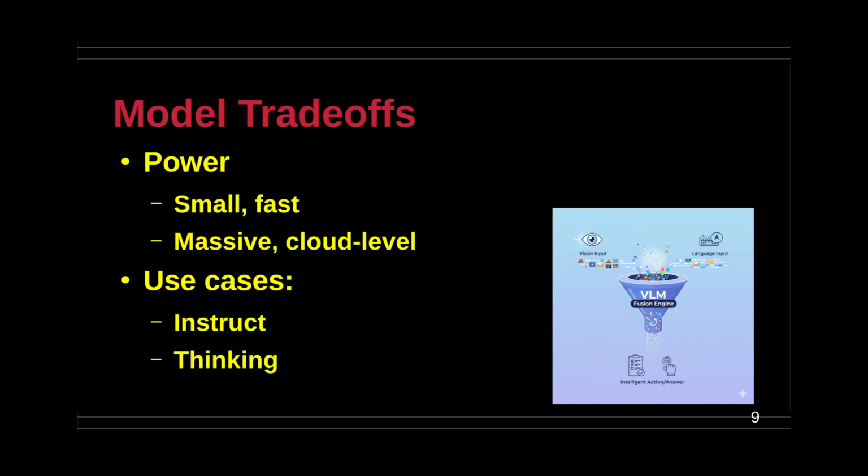The common basic sizes of the Qwen3-VL models are 3 billion, 7 billion, and 72 billion. Users can balance performance with resource consumption by choosing specific models.